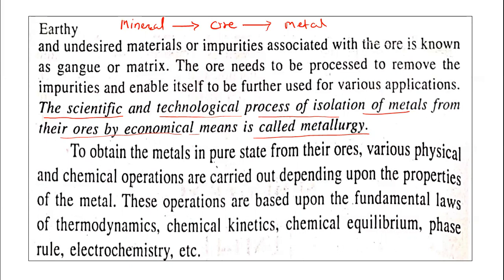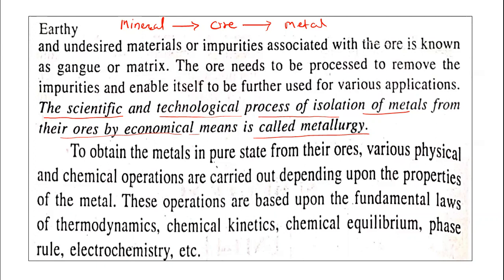Now, to obtain the metals in the pure state from their ores, various physical and chemical operations are carried out. The ore contains not only metal, it contains other impurities, it contains silica, unwanted part, gangue.